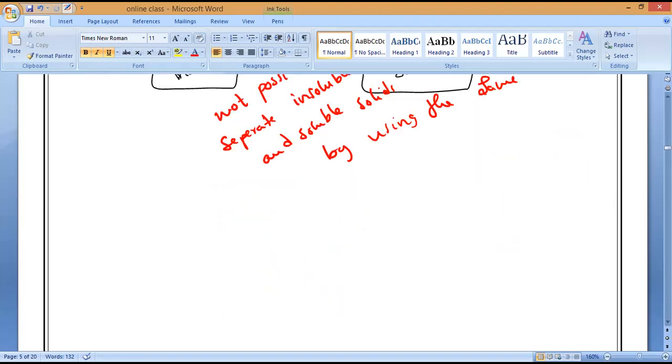We have around 6 separation techniques for separating a solid and a liquid, so let us study all the techniques one by one. All mixtures containing a solid and a liquid are separated by one of these 6 techniques.